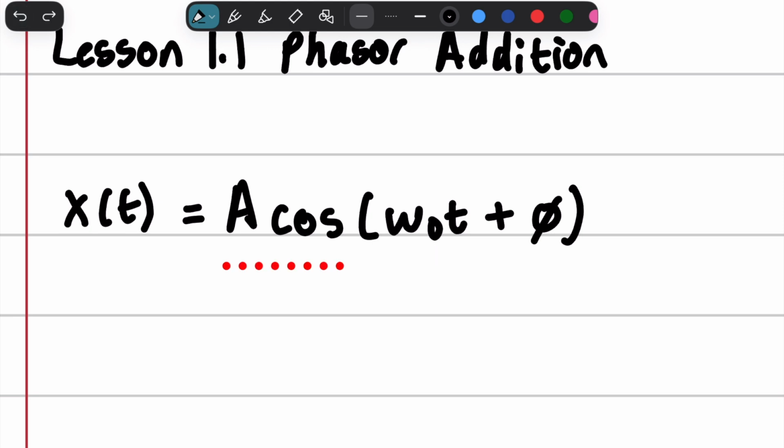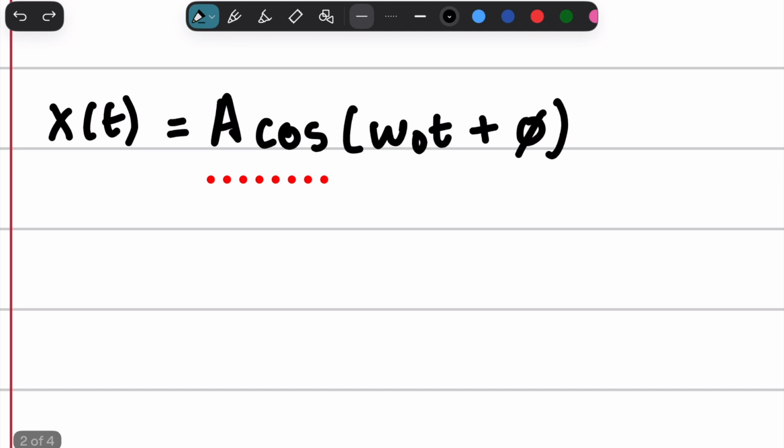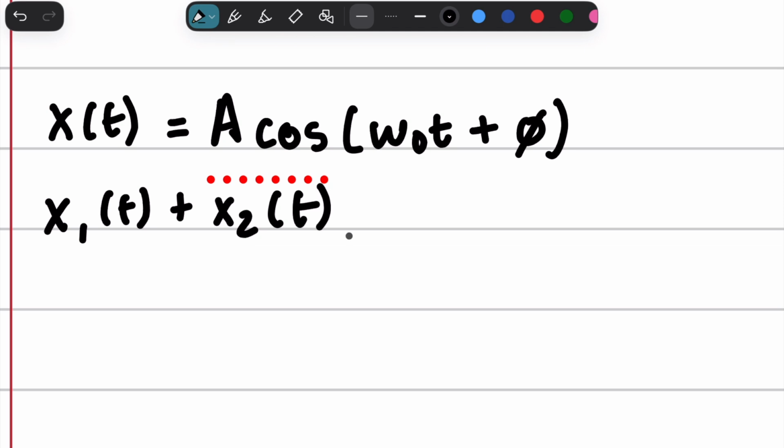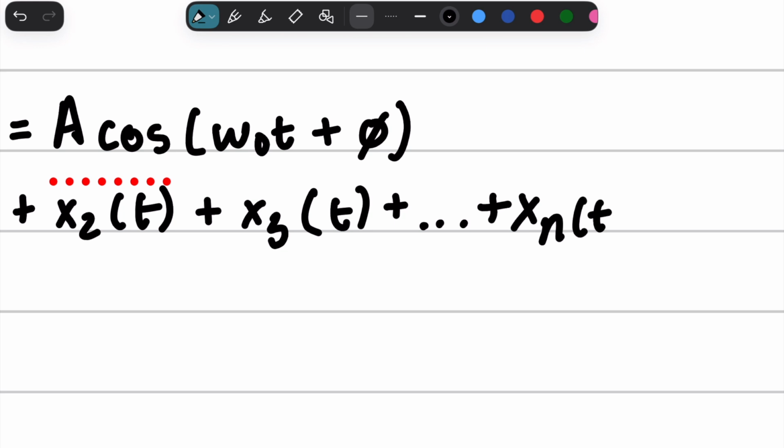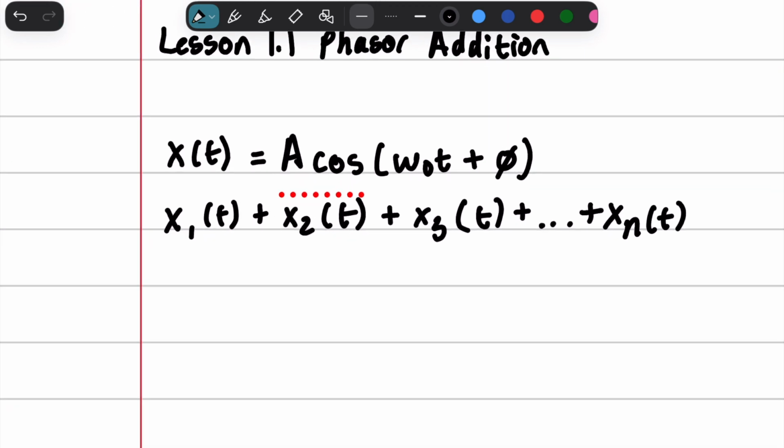And now in phasor addition, sometimes we want to add up multiple of these sinusoids, up to n different sinusoids.